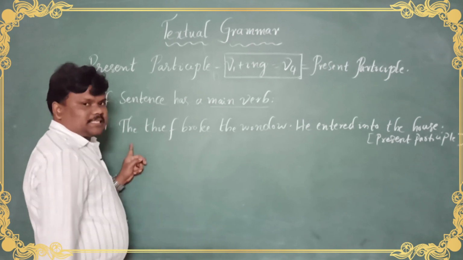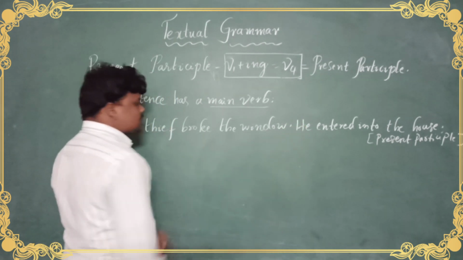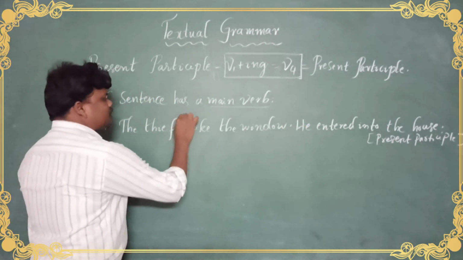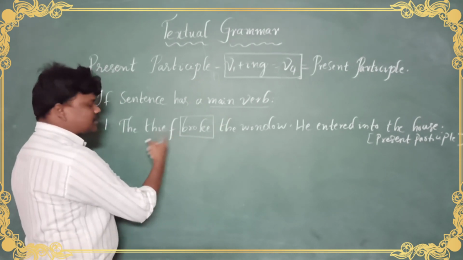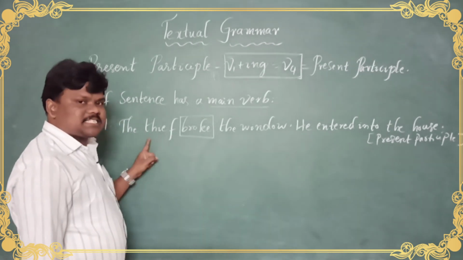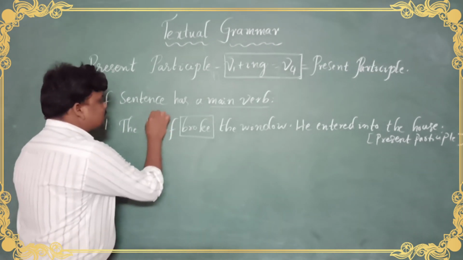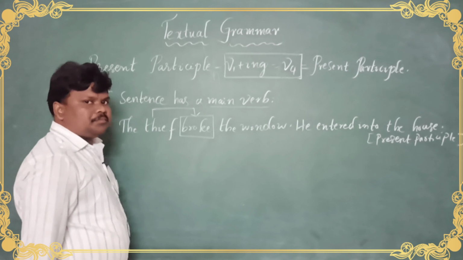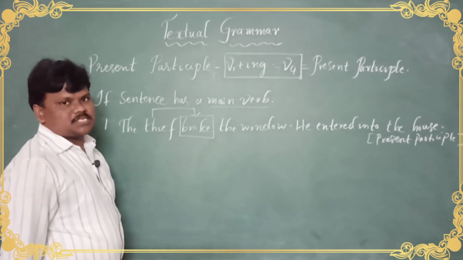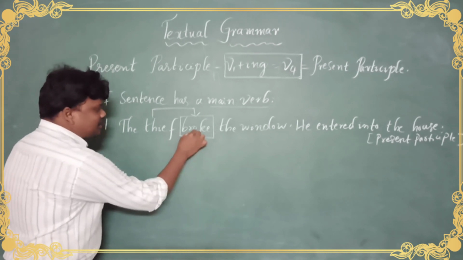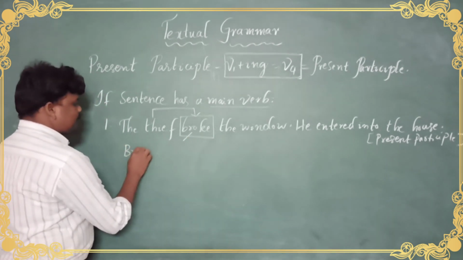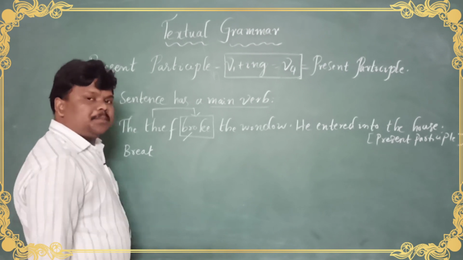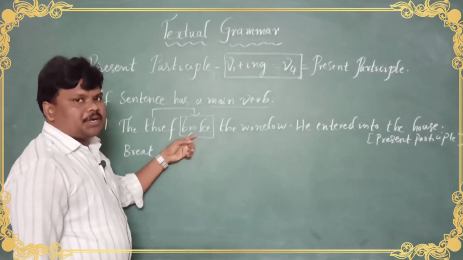Look at the first sentence. In the first sentence, if there is a main verb after the subject, yes, this is the subject, the thief, and after the subject there is a main verb, how do we combine the two sentences? Just convert that main verb into V1. What is the V1 for broke? Break. Break is the V1 for broke.